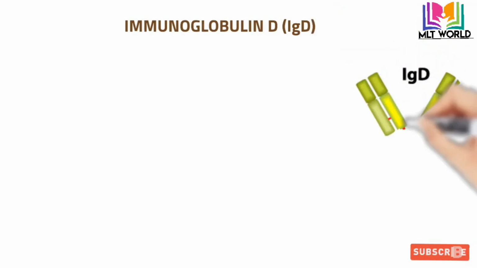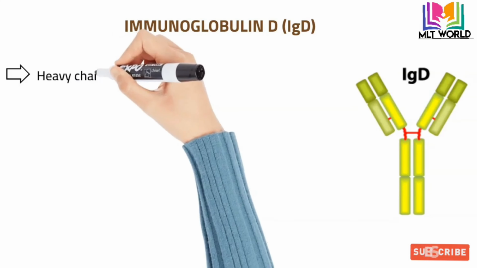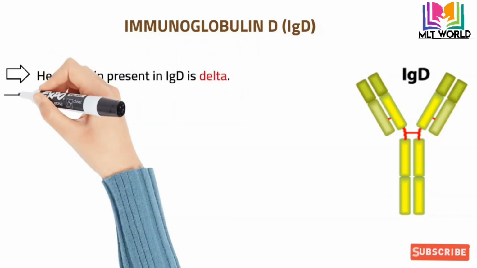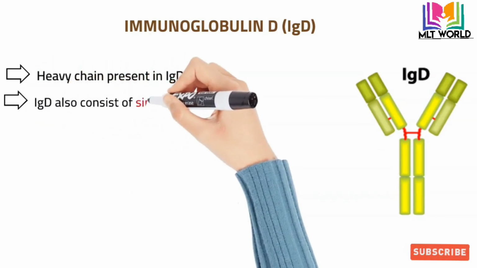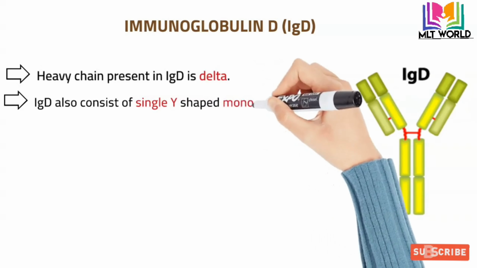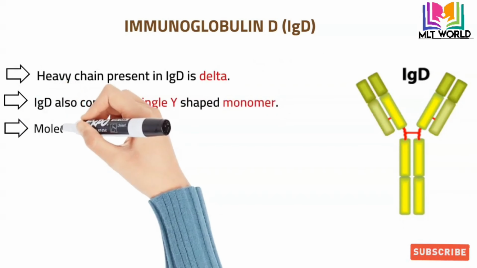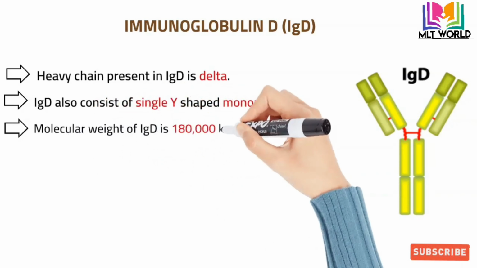And the last immunoglobulin is IgD. IgD is also a single unit monomer, and the heavy chain present in IgD is delta, and IgD also consists of a single Y-shaped monomer. The molecular weight of IgD is 180,000.